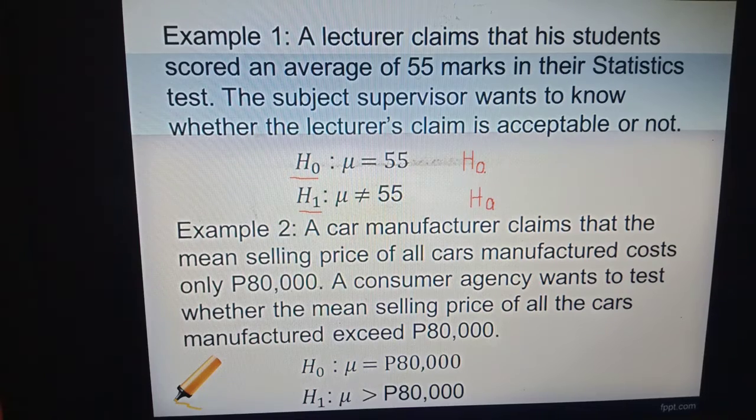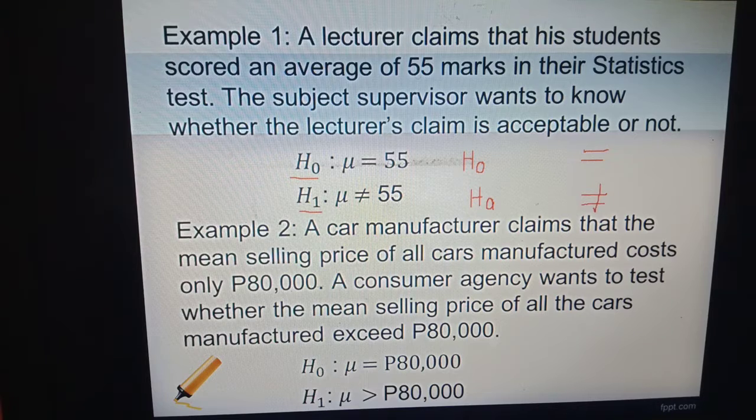Tandaan, sa H sub 0 na null hypothesis, yung mga ginagamit nating symbol dyan ay yung equals. Yun namang alternative, not equal, kabaliktaran.